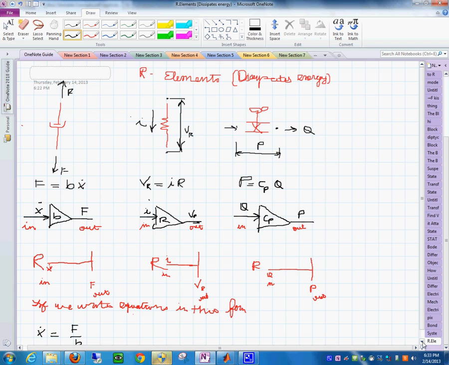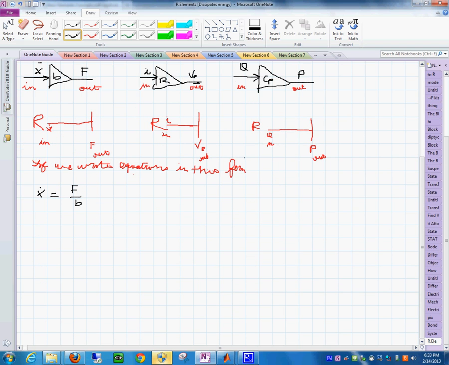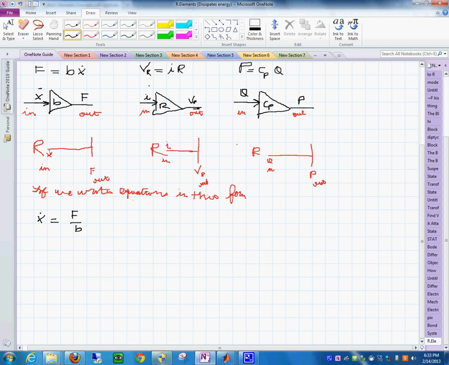And if we do this, we can also write the equation for the R element. We could say, how about I write the equation that I is equal to 1 over r times e sub r. And this one, if we write it like that, q is equal to 1 over c sub p times p.